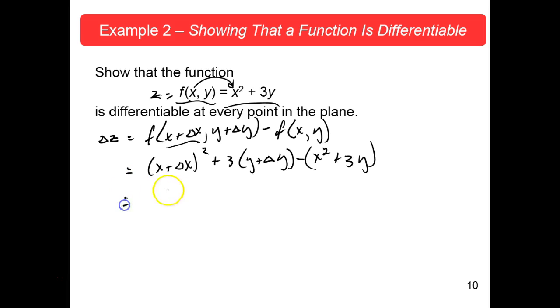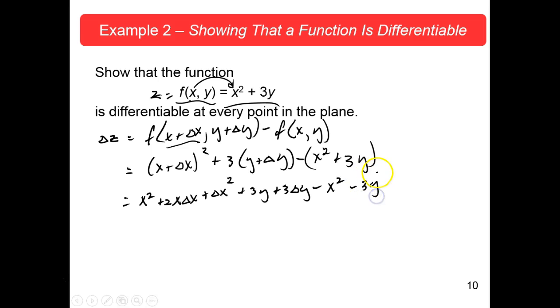Well, what is this? This is x squared plus 2x delta x plus delta x squared plus 3y plus 3 delta y, and subtract from that x squared and subtract from that 3y. That will give you your delta z.